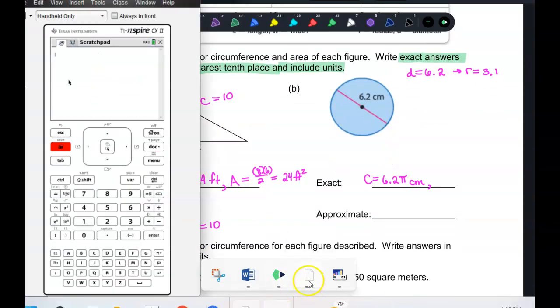Now, for circumference where it says approximate, I'm going to type in 6.2 times, and if you have the graphing calculator, towards the bottom left, I'm going to click this button. It has a pi with a little arrow in it. Do you see it? It's highlighted in red. See if you can find that button.